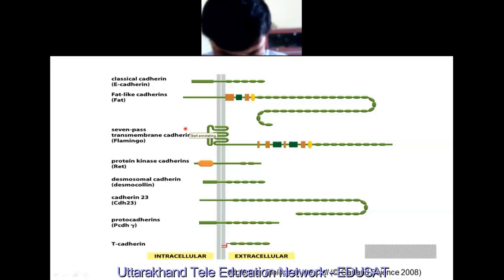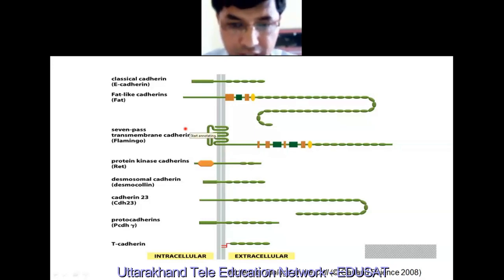And different varieties of cadherins are expressed in the brain region, such as R-cadherin and cadherin 6. So these are classical cadherins: E-cadherin, P-cadherin, and N-cadherin.